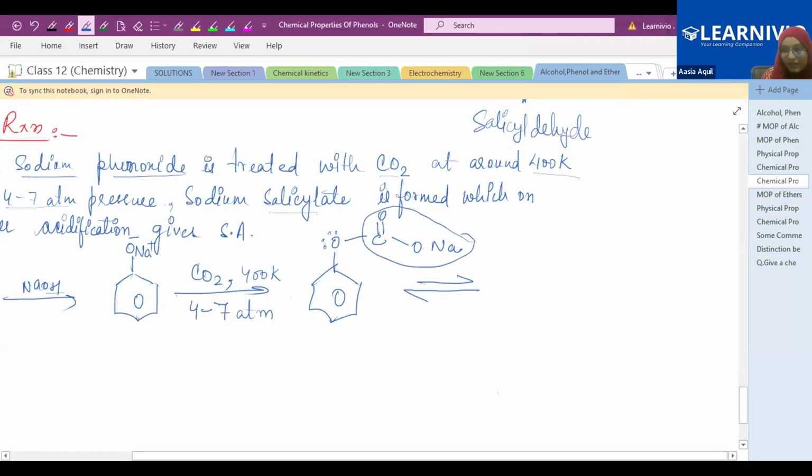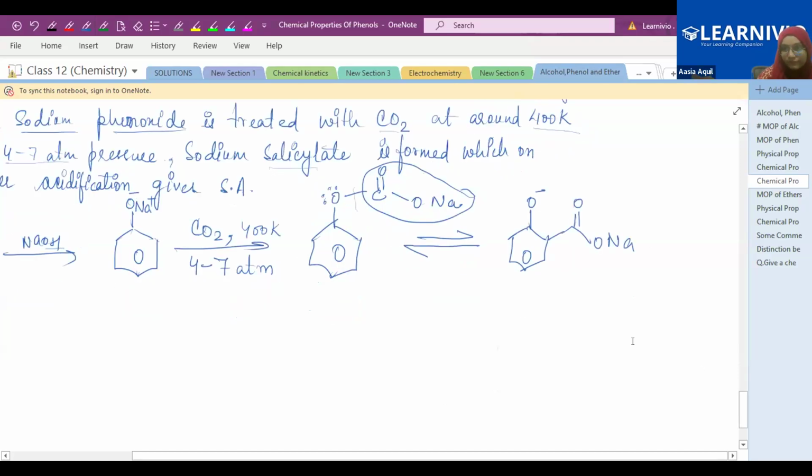Where will it come? This oxygen bond will be broken and this COONa group will be introduced on the ortho position. So see, you can write O minus because this bond is being broken, and here this COONa. Is this step clear?